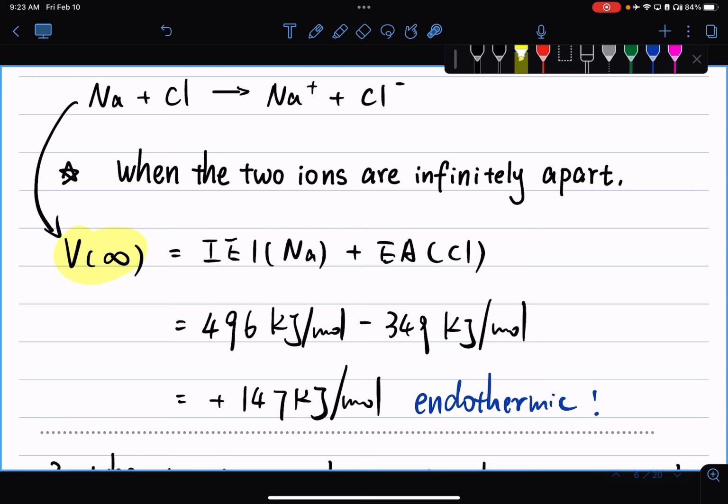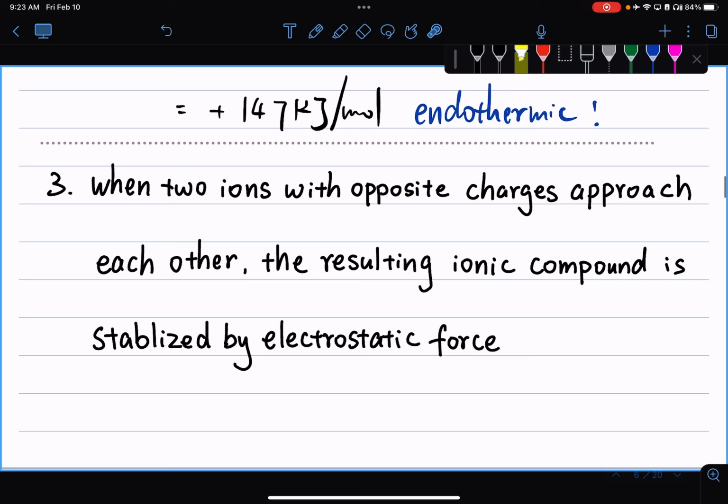So now we came to the point of thinking about the chemical bond. Now the sodium plus and the chloride minus are approaching each other to make a chemical bond. And here, when the two ions of opposite charge, in this case sodium plus and chloride minus, are approaching each other, the ionic complex that's being formed is stabilized by electrostatic force.